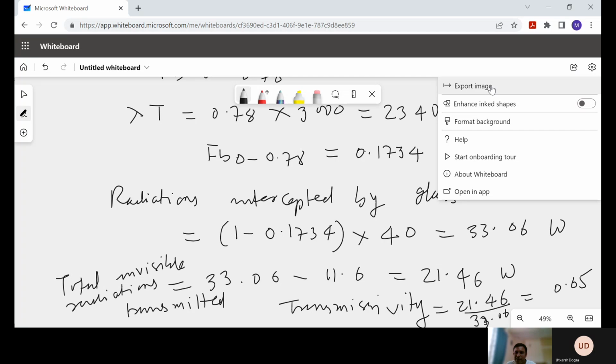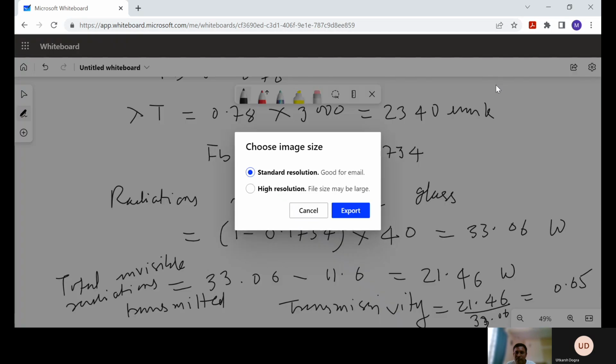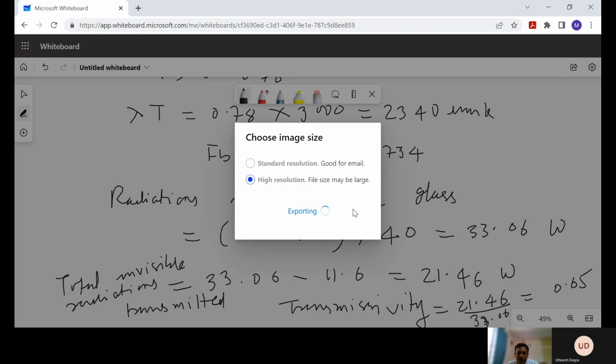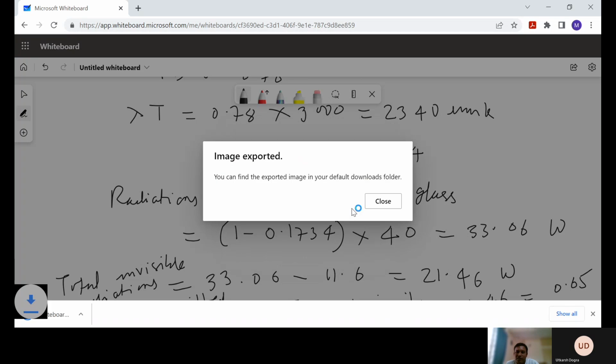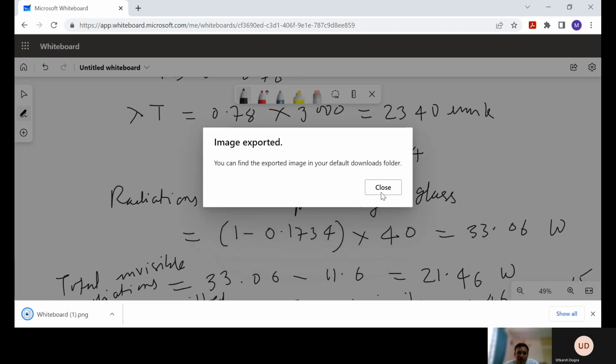Export. Let me just export this in high resolution and save it, because this is becoming large.